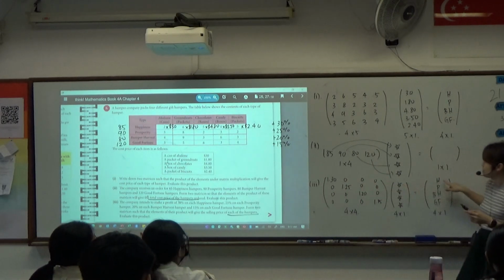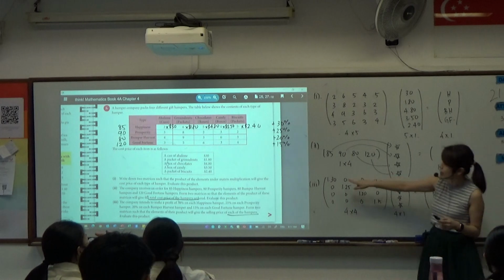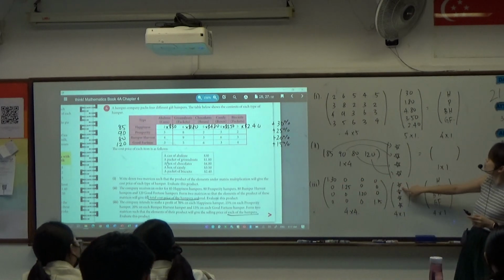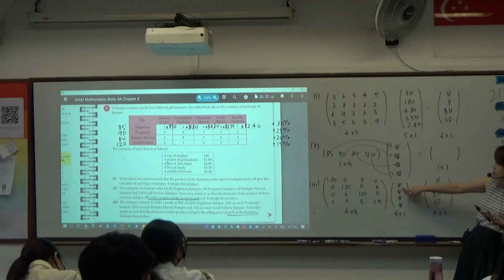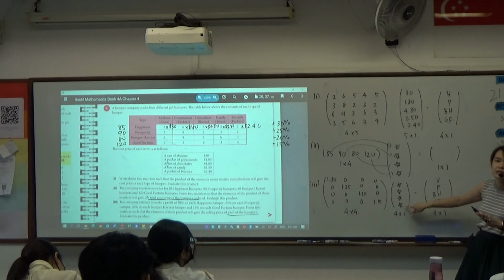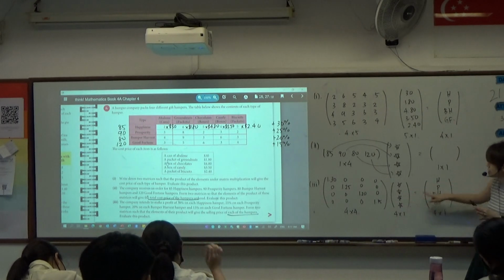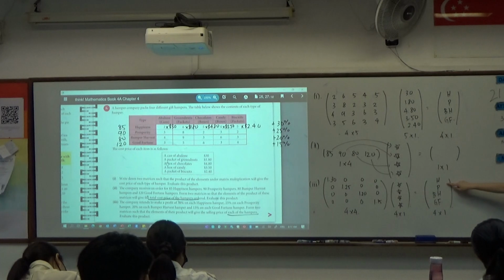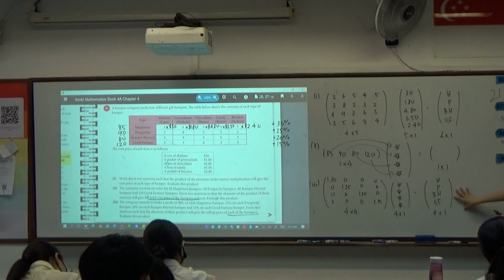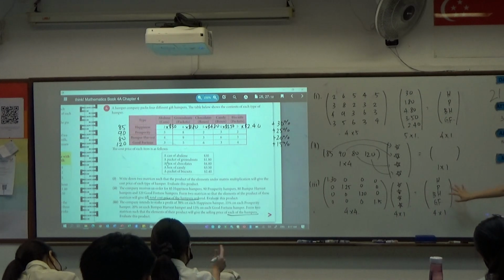Because what I want in my first element is just 1.3 multiplying with the happiness cost, the rest I do not need. So I times 0 for the rest. That's why I get this one itself. Okay, so that is how we actually achieve the two matrices that will answer the question.